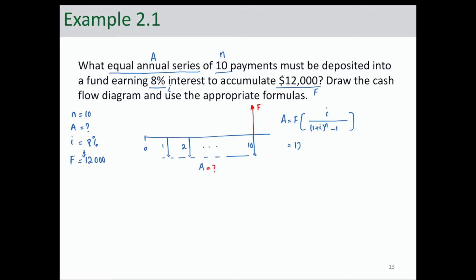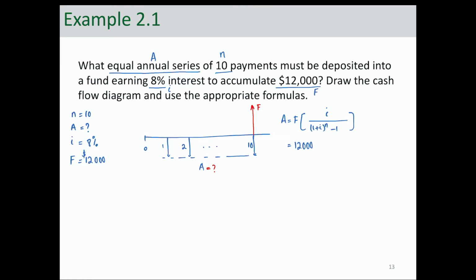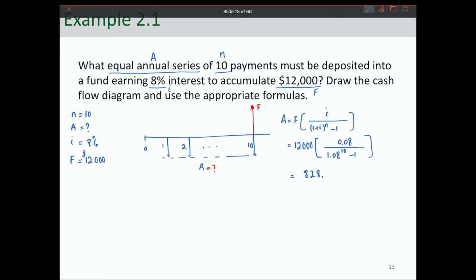So this is equal to 12,000, which is our future value, times 8% over 1.08 to the 10 minus 1. When you compute this, this is equal to 828.35.